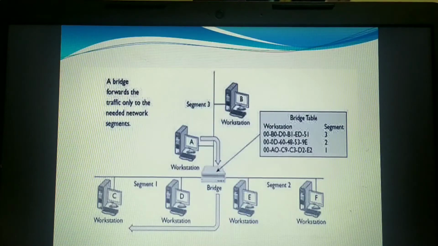Suppose I want to communicate within the same network, then I need the physical address. One example I can give: I have 50 computers in my computer lab. If computer 1 wants to communicate with the 50th computer, then communication is taking place within the same network. That time, the physical address is enough.